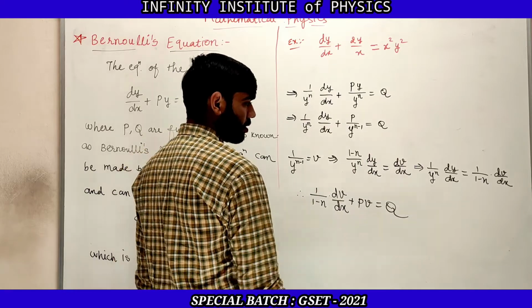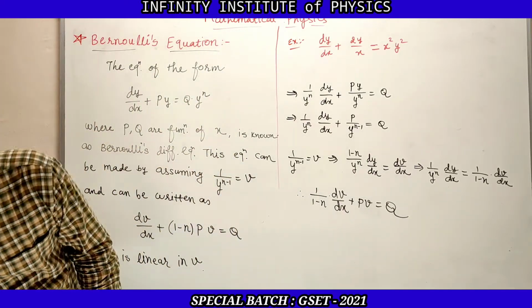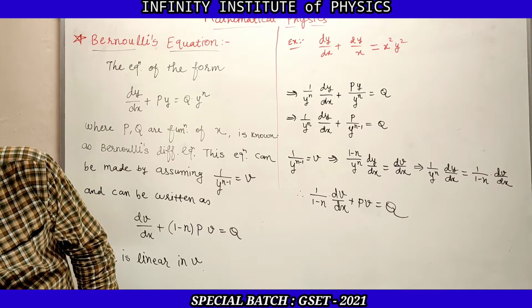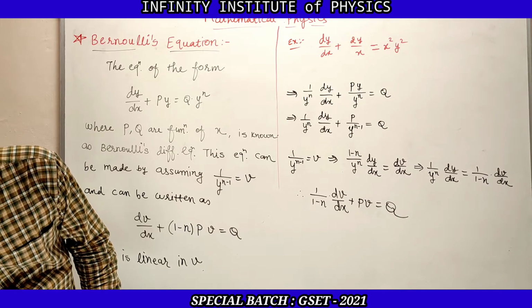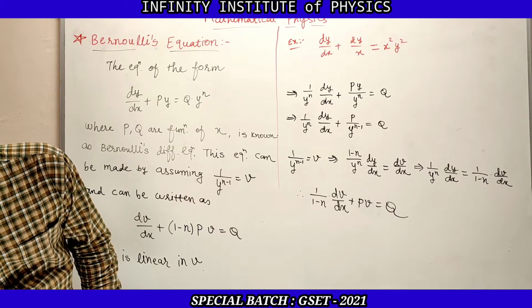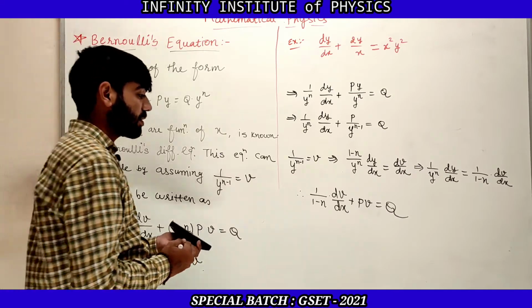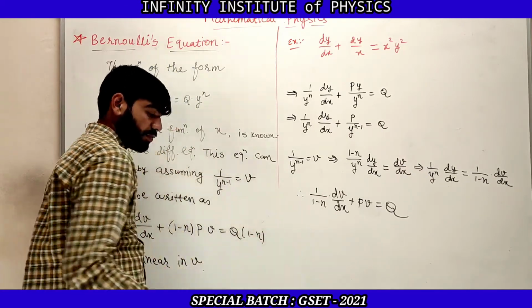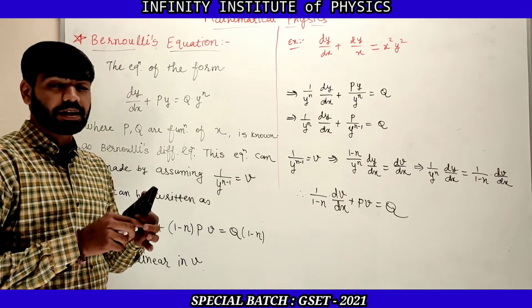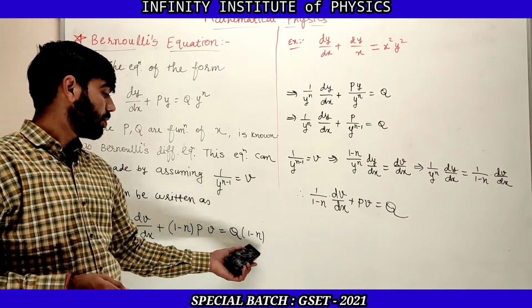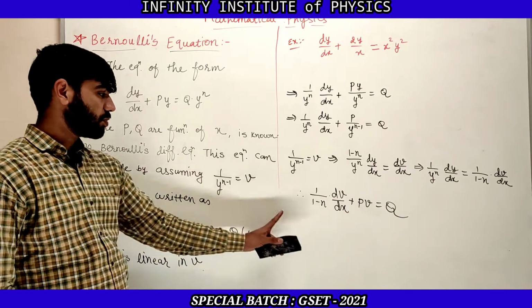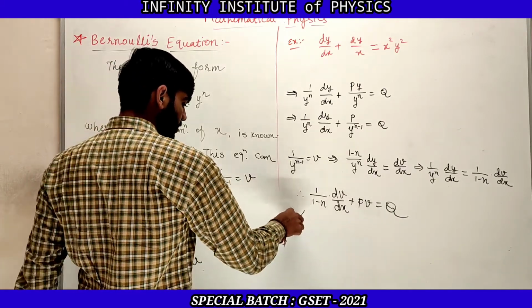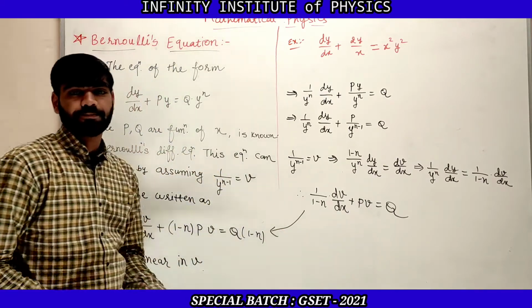Yes, this is right. Yes, that is a mistake. So here it is also 1 minus n. That's my mistake. It is q into 1 minus n. So by multiplying this equation by 1 minus n, we will get that.